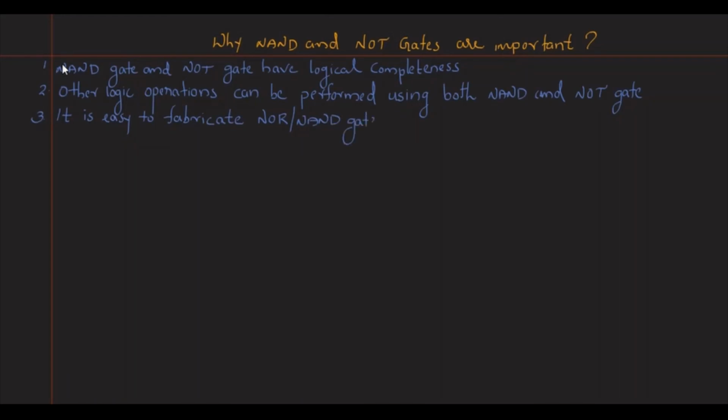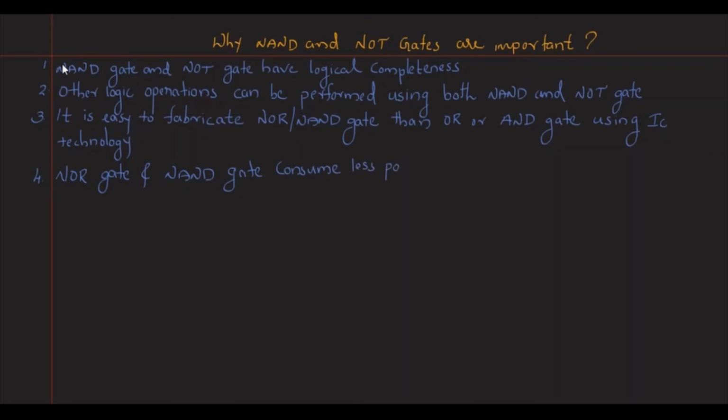Also, it is easy to fabricate NOR or NAND gate compared to OR or AND gate using the IC technology. Also, the NOR gate and NAND gate consume less power compared to OR gate or AND.